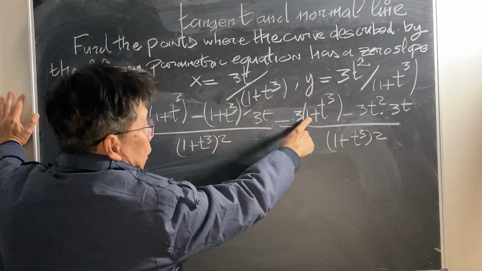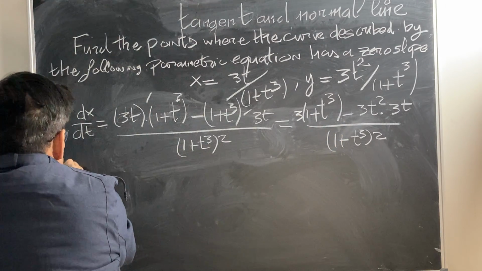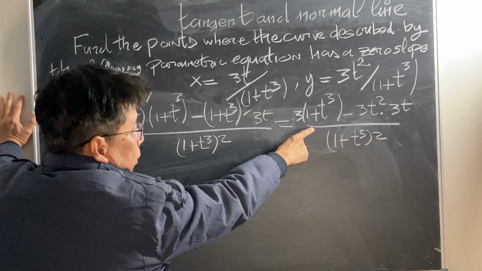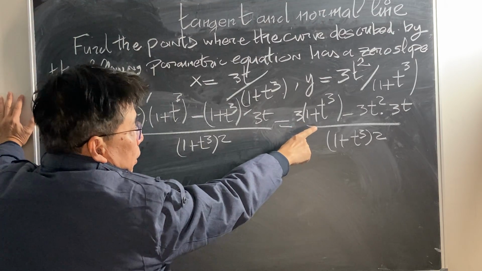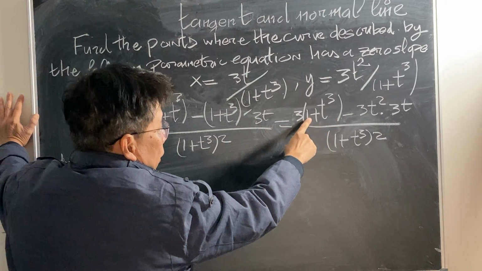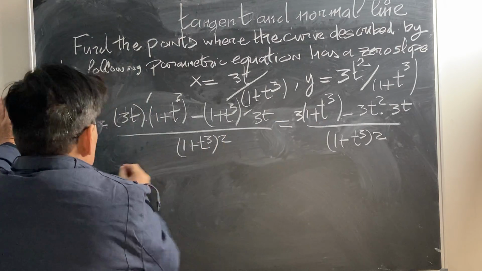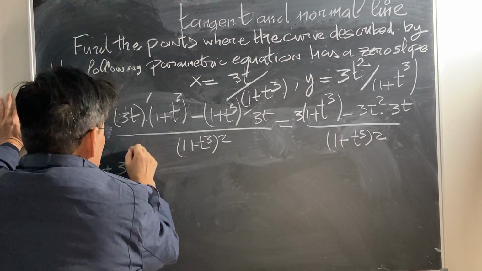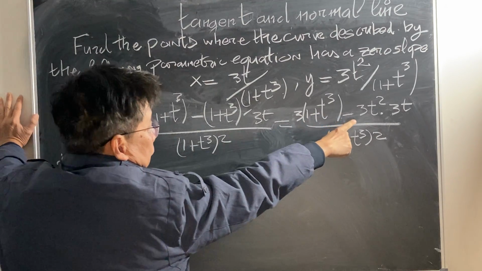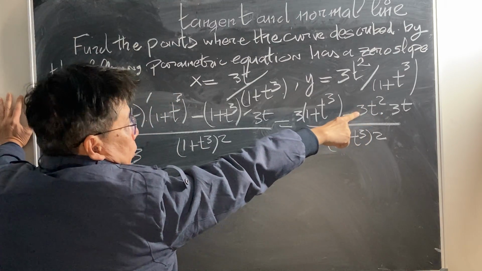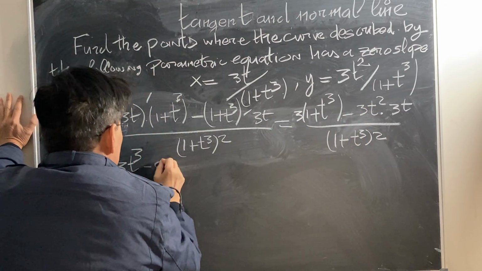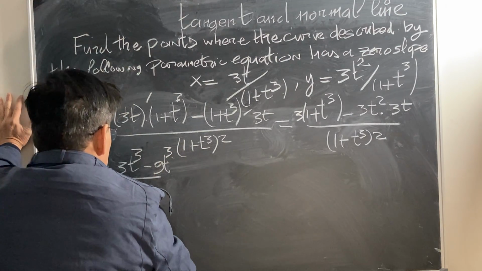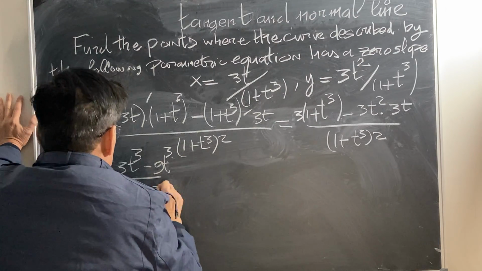If you take 3 in front, then dx over dt equals, if you multiply it out, 3 plus 3t cubed minus 3t squared times 3t, which is minus 9t cubed, over 1 plus t cubed the whole thing squared.